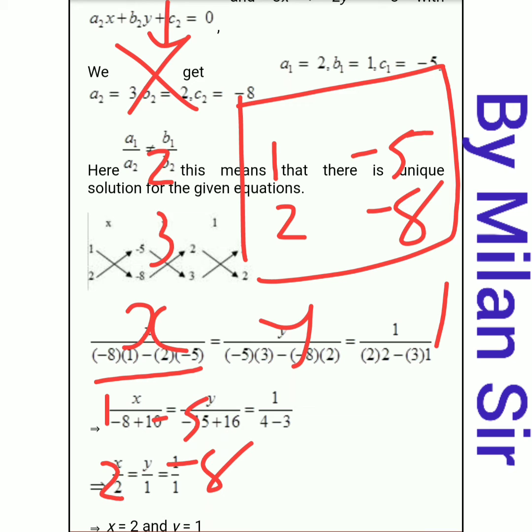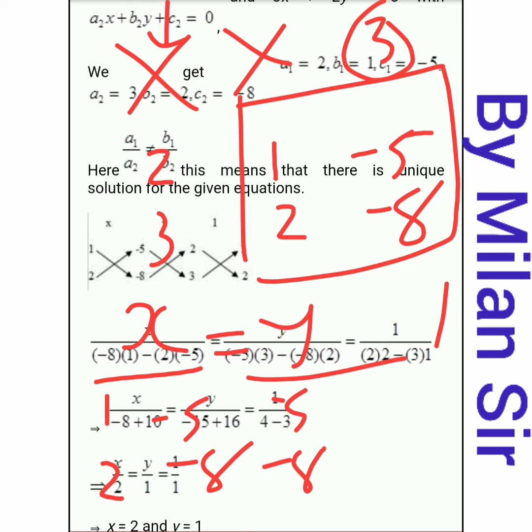Then put the equals sign. Now below y, this time it is our second term, so just skip our second line. First of all write down this third line, it is minus 5, minus 8. After that write down this first line, it is 2, 3.